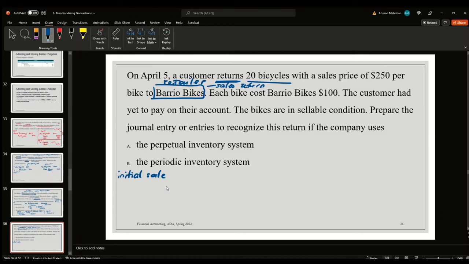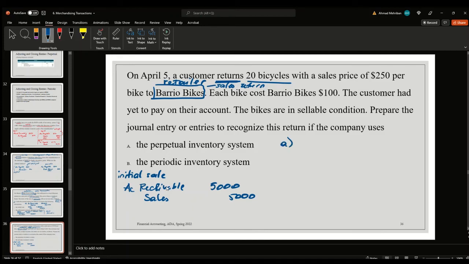It could be only a partial return, but if we assume it's only 20, then the sale would be accounts receivable of 5,000, while sales is 5,000 here, and that was the total initial transaction.